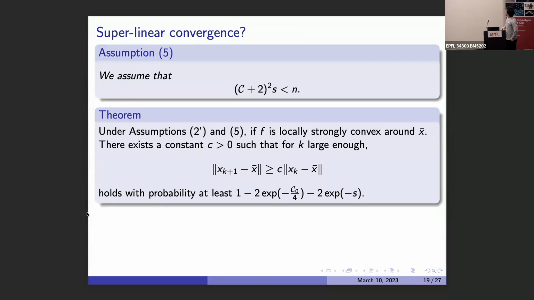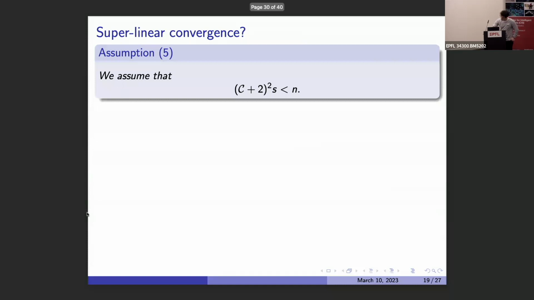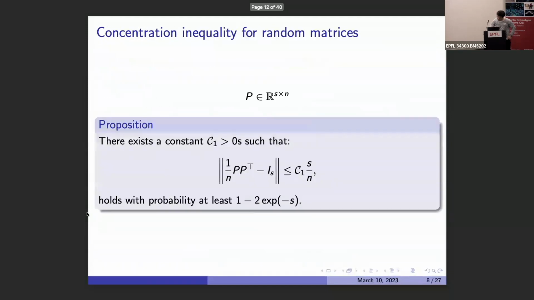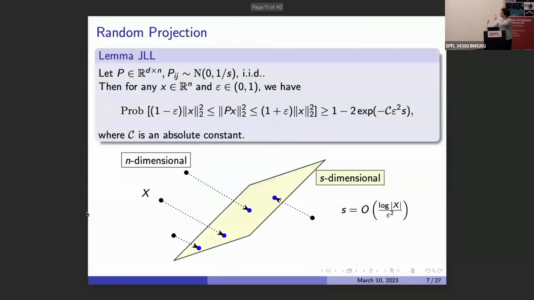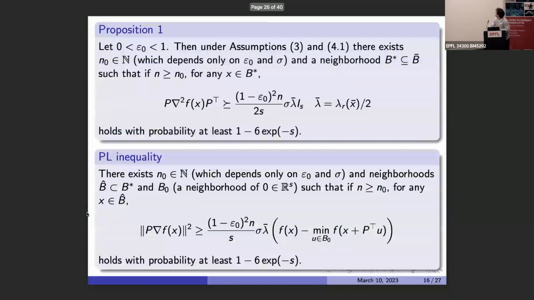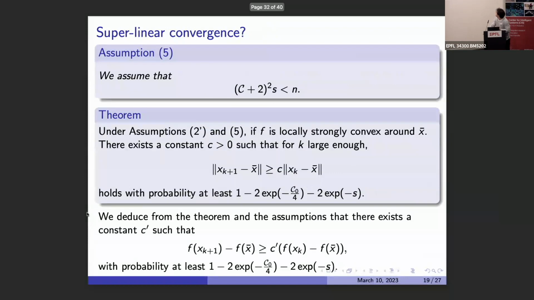Assuming that this is true and this is true, then you can prove the result. The projection on the random subspace will have some norm that is not quadratic.